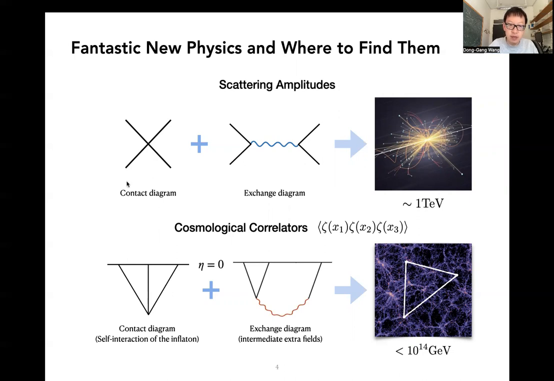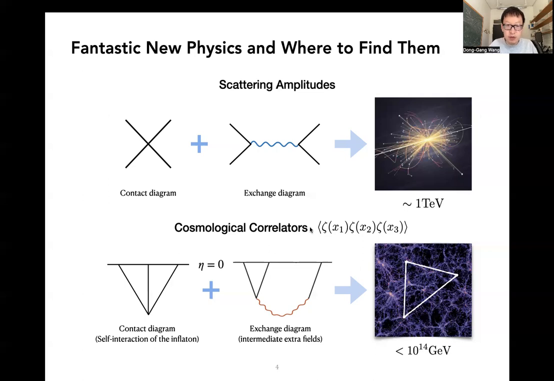The first one is the contact diagram like this with all the external legs. Then we also have this exchange diagram with some intermediate particle. This could be some new physics at very high energy, and there should be some imprints in the collider experiments. Normally the colliders could reach an energy scale around 1 TeV.